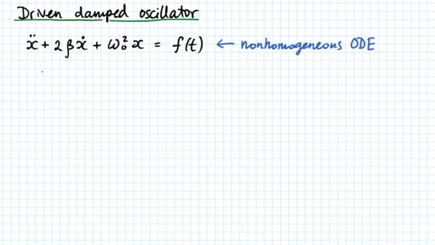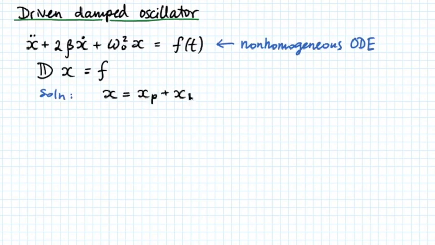We can rewrite it in terms of differential operator D, linear and of the second order, acting on x, which gives us f. From the theory of differential equations, we know that the solution to this equation is given by two parts: particular solution and homogeneous solution.